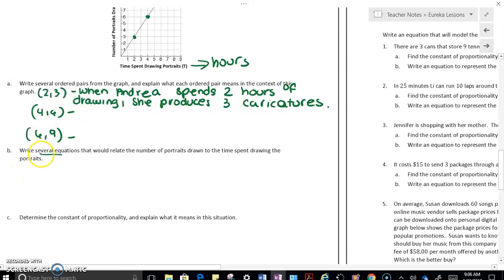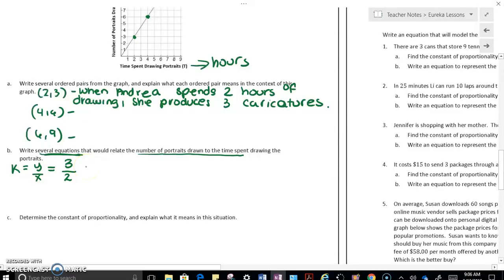Now, this one asks you to write several equations that would relate the number of portraits drawn to the time spent. So in order to find my equation, I'm going to start with k is equal to y over x, which is equal to, using my point (2, 3), y is 3, x is 2. So I'm going to get 3 halves.